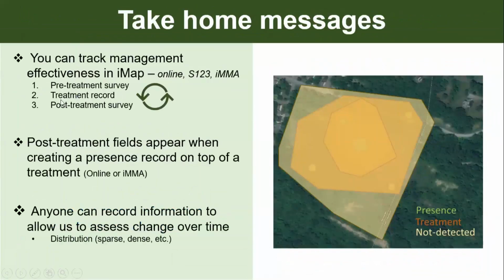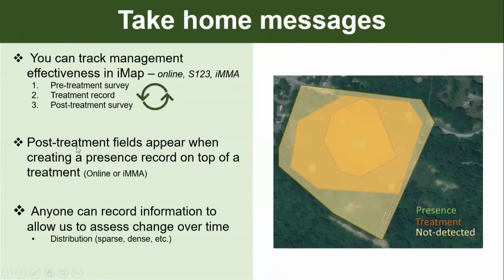As we're switching to questions, I just wanted to go over our take-home messages. Essentially, you can track management effectiveness in IMAP by doing this pre-treatment, treatment, post-treatment survey cycle and recording those in IMAP using presence, treatment, and presence or not detected records.